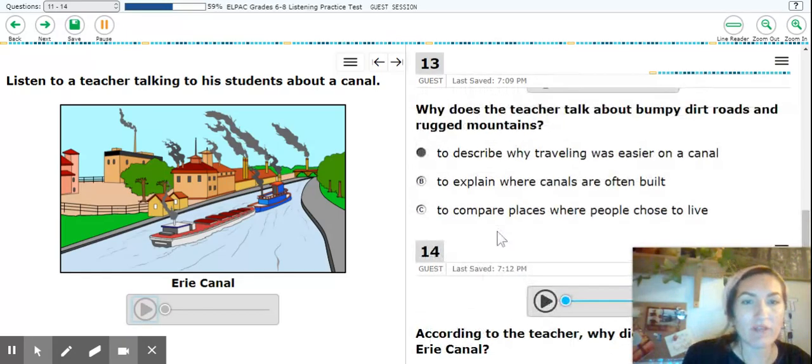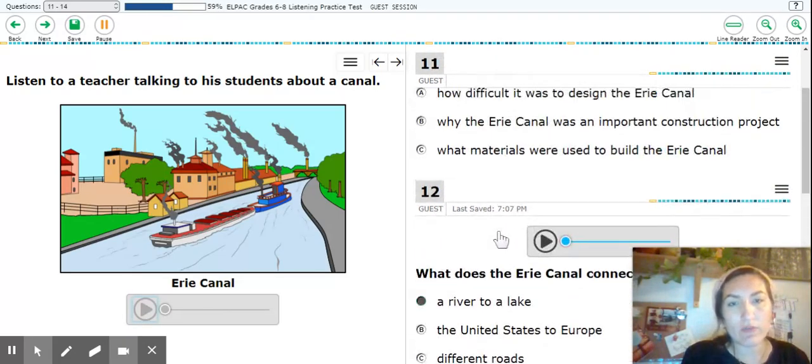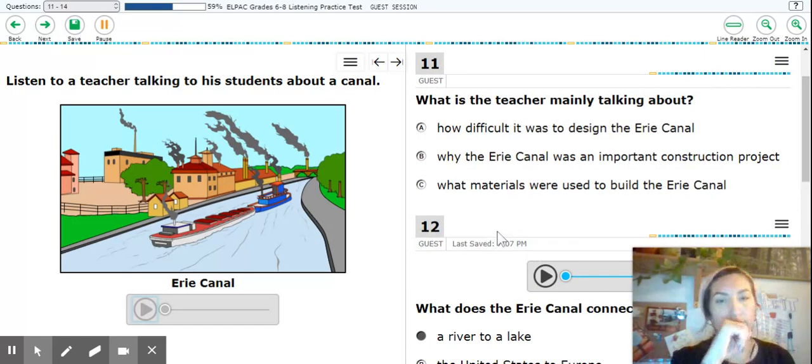Okay, I feel very confident about 12, 13, 14, and now when I go back to 11, talking about how difficult it was to design, aside from talking about digging, how digging is hard, they didn't use the word design once that I heard. Why the Erie Canal was an important construction project and what materials. Did they talk about materials?